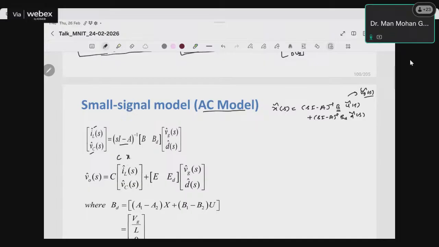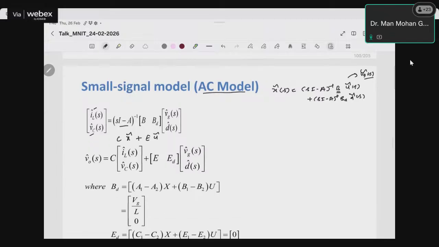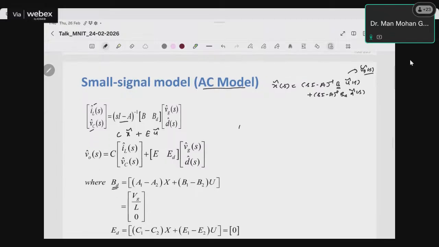CX plus EU, right? And here BD is A1 minus A2 X plus B1 minus B2 U. Now we know that A1 was equal to A2, and B1 was 1 by L, and B2 is 0.